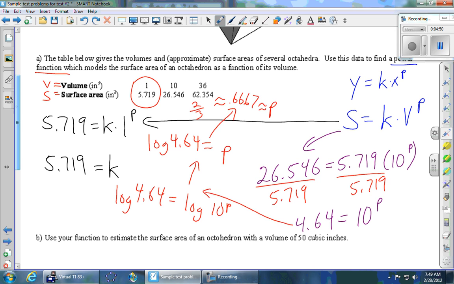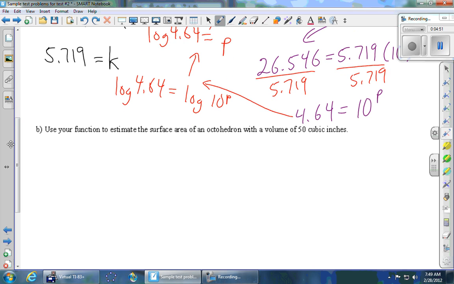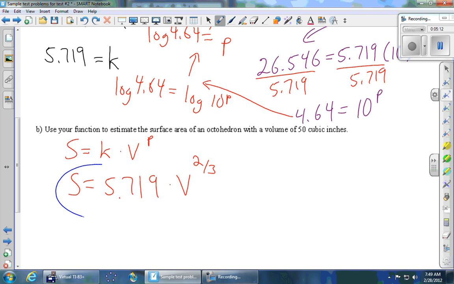We're after a function when all is said and done. So the formula, remember again, was S is equal to K times V to the P. We figured out the K was this 5.719, and we just figured out the P is probably 2/3. So that right there is the answer to part A.